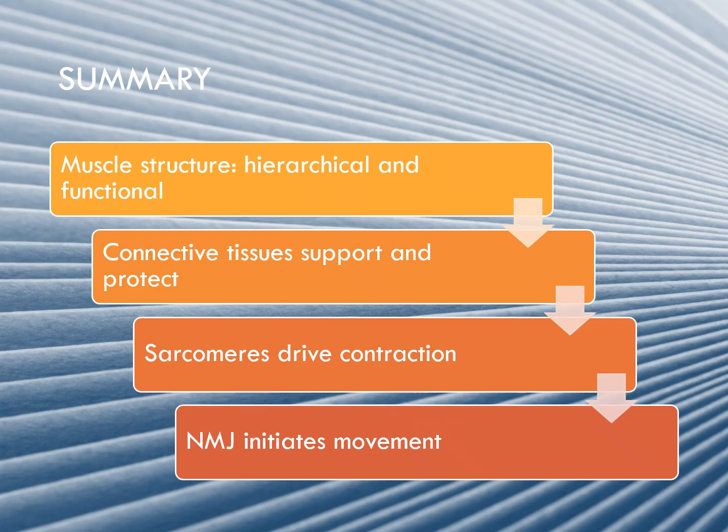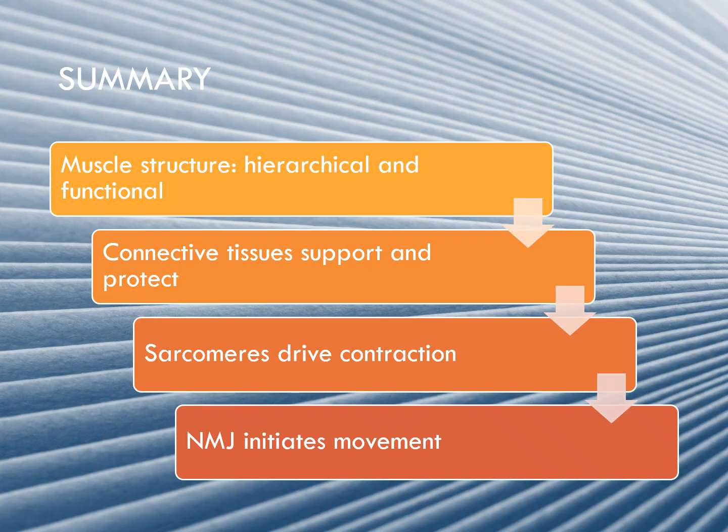The takeaway is that skeletal muscle is highly organized and responsive. Its structure, from myofilaments and sarcomeres to fibers, fascicles, and connective tissue, allows muscles to generate precise, powerful movements.